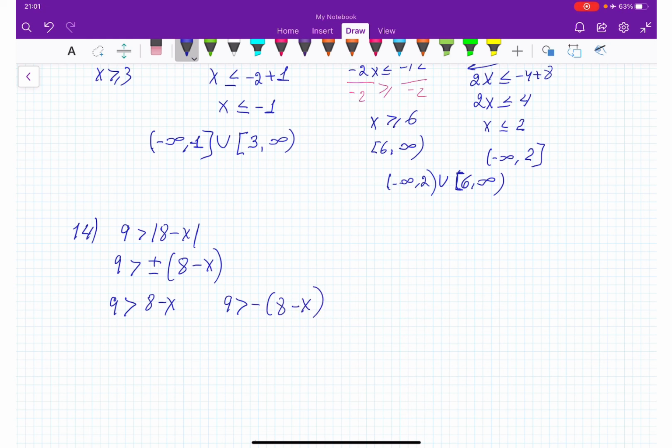Okay, here we move x on this side, it will be positive x greater than, moving 9 on this side, it's going to be 8 minus 9, and from here x is greater than negative 1. And here we get 9 greater than negative 8 plus x. Let's do opposite direction.